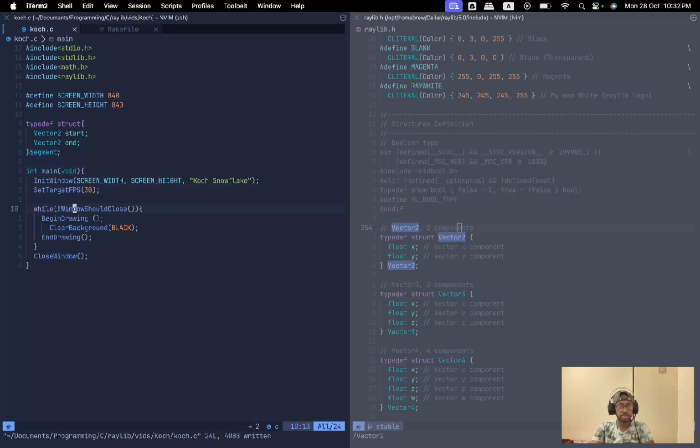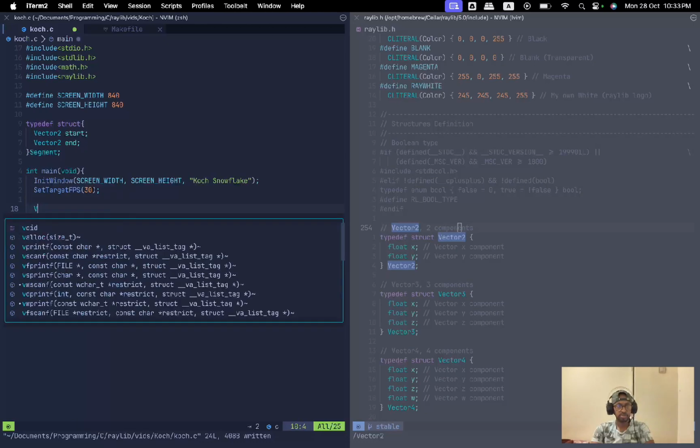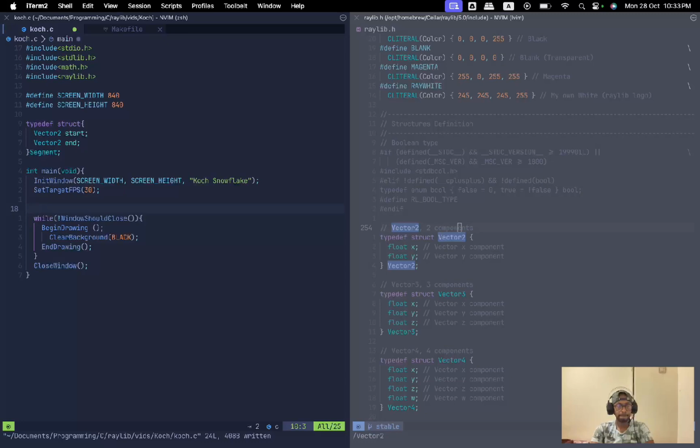Okay, we have a segment. Now that means here we can represent our segment with points. So for example, let's create 2 points. Let's say Vector2, let's call it point 1.